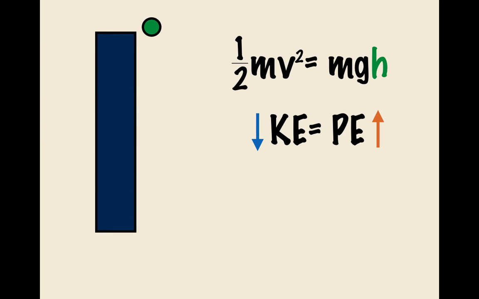Now notice what happens when Gwen begins to fall. My H is no longer at its highest point. Say she's halfway down, so that means H is now half of what it used to be, so that quantity is now lower. But on the left side of the equation, you notice velocity squared. Now her velocity is gaining more and more quantity because of the gravitational pull.